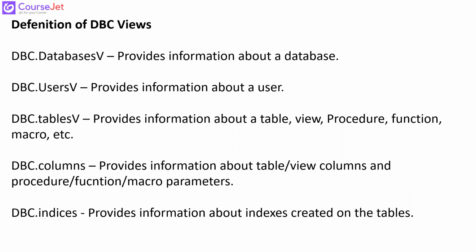And dbc.tables gives you the table details, like the DDL and table name, and who created it, when it was created. And dbc.columns again will give you the detailed view about the columns in each table.